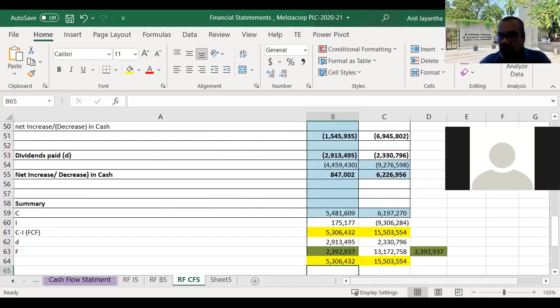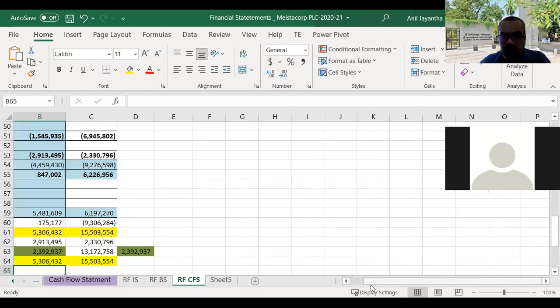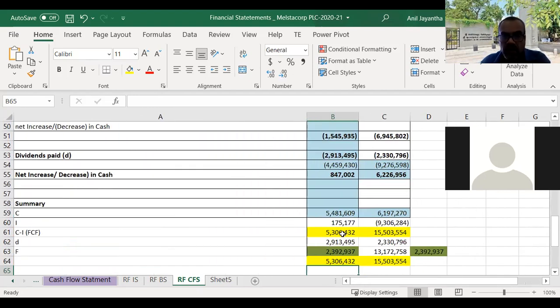Okay, that's good. I also just noticed it. Here you can see the difference. Income, that is B40, and sorry, investment. Then this is free cash flow, that is taken from B59 minus B60. So this minus this, right? That is the total free cash flow.